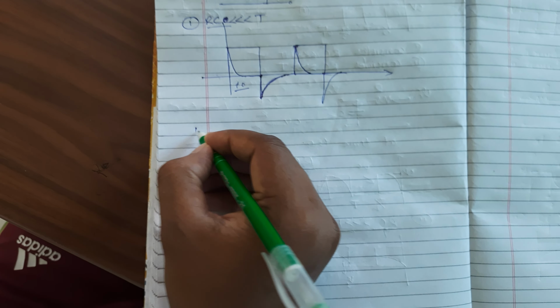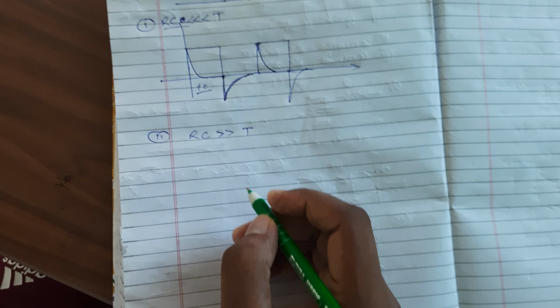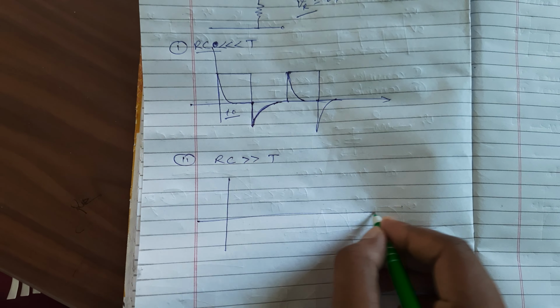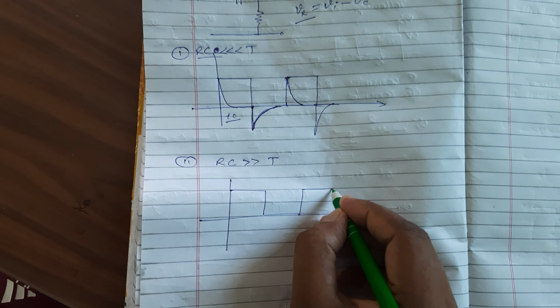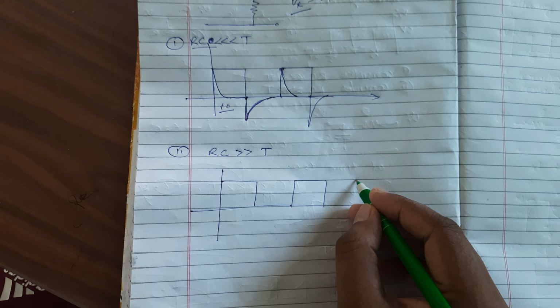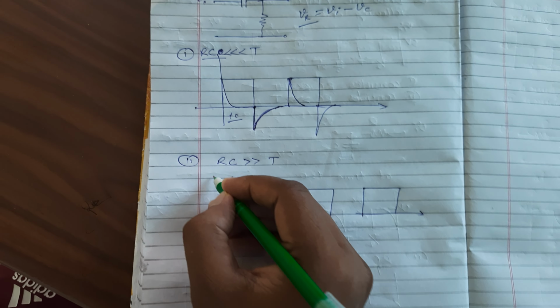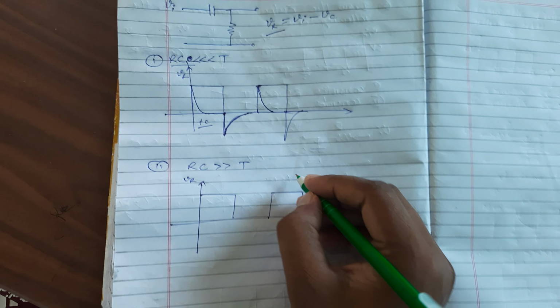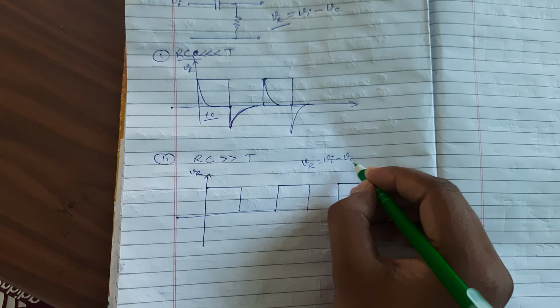Now consider the second case, when RC is much greater than the time period. At this time we just do the same thing. This is Vr, so we can get Vr equal to Vi minus Vc.